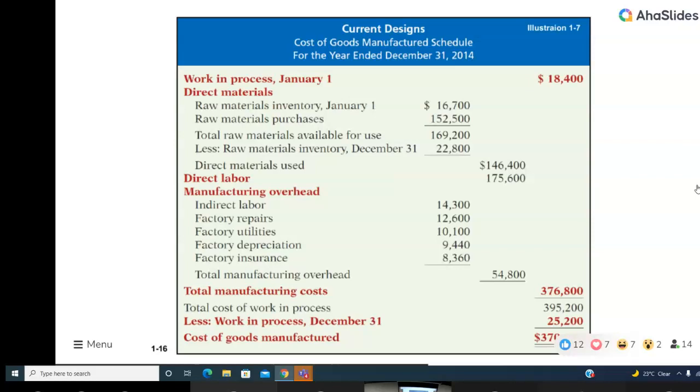Factory taxes, manufacturing overhead. Factory utilities, manufacturing overhead. And anything that says indirect labor, indirect material, anything that says depreciation on that factory. So you have these three columns. All right? Any questions?